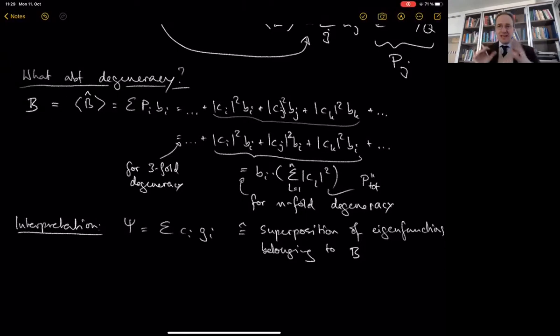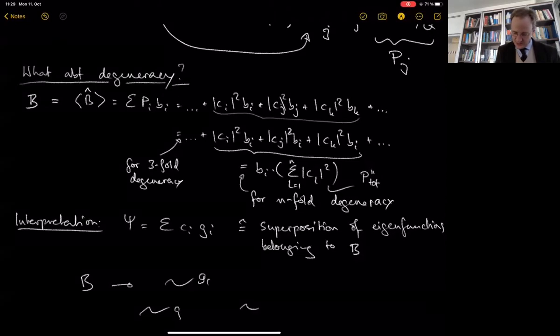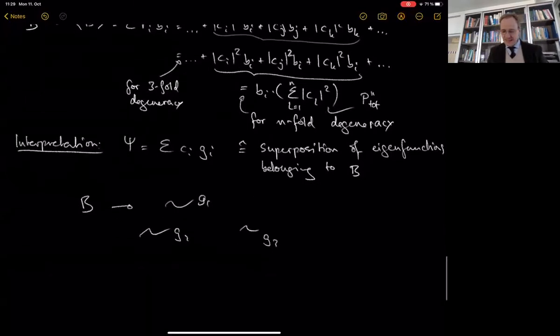So I hope you see this kind of picture, right? You have some property, it gives you a bunch of functions, right? G1, G2, G3. And if you want to make just one measurement, of course, you can get an average, but just one measurement would get you just the corresponding eigenvalue, which is attached to it.